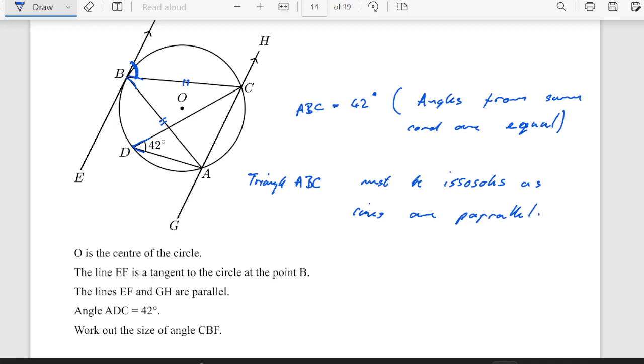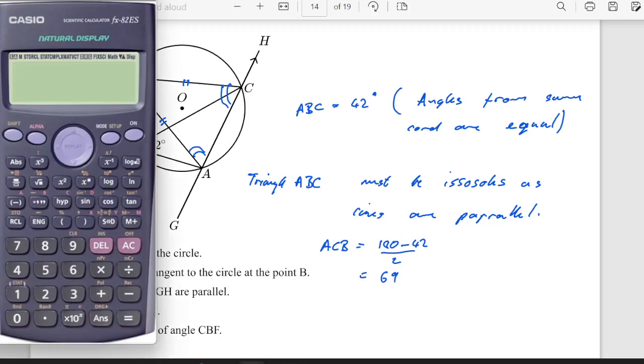So based on that, I can say that that angle and that angle must be equal. So let's go for ACB must be equal to 180 minus 42 divided by 2. So that's going to give me 138 divided by 2, which is 69.